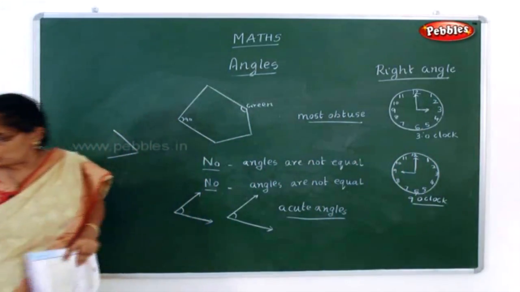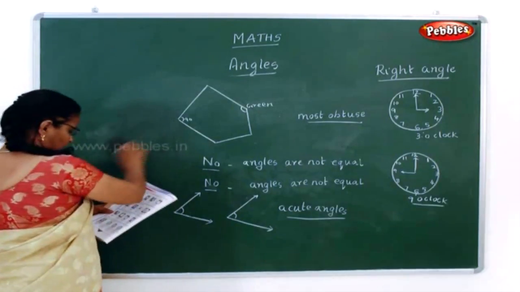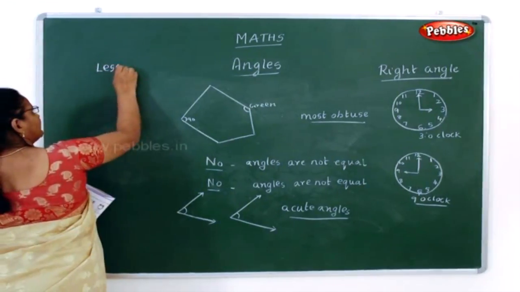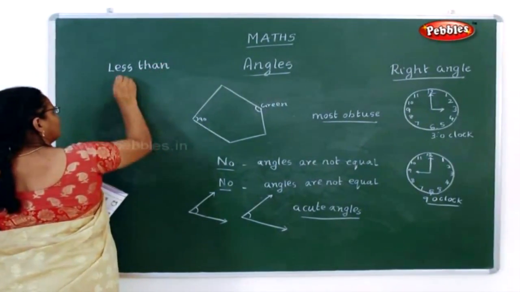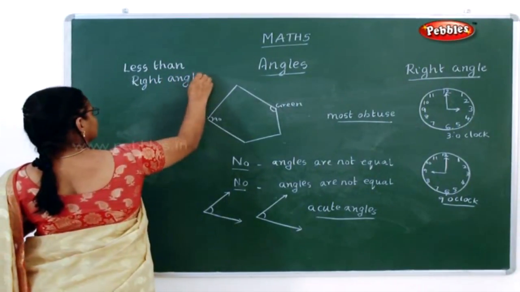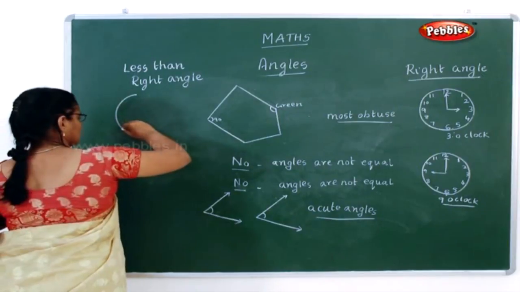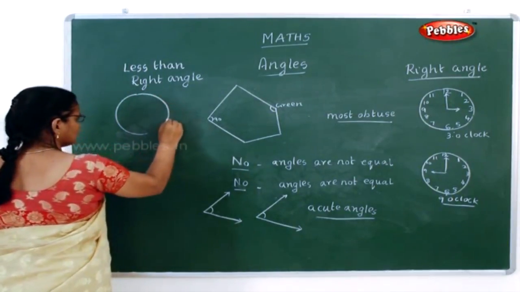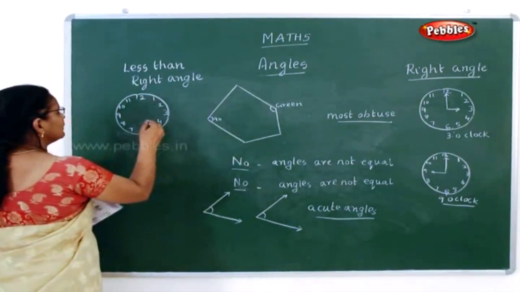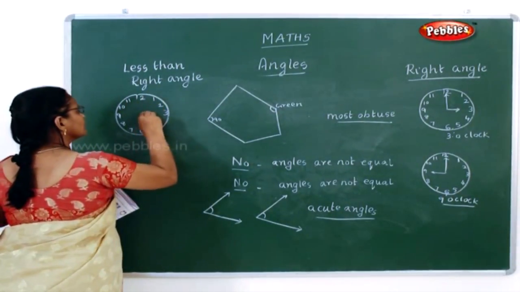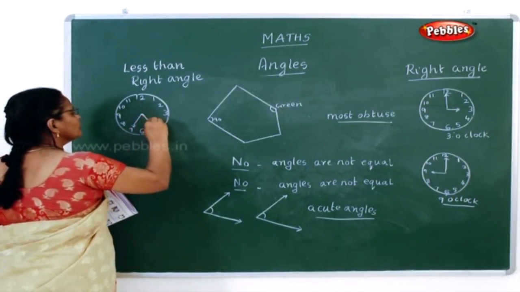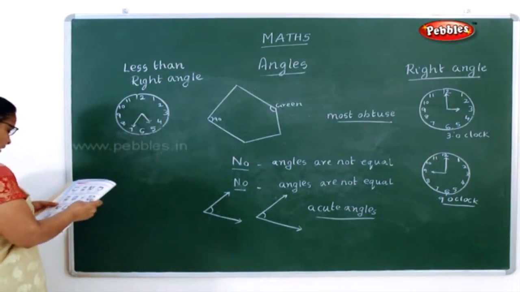The next one is the angle. You have to draw the hands of the clock which is less than the right angle. So for less than a right angle, see, the V shape, this is less than a right angle.